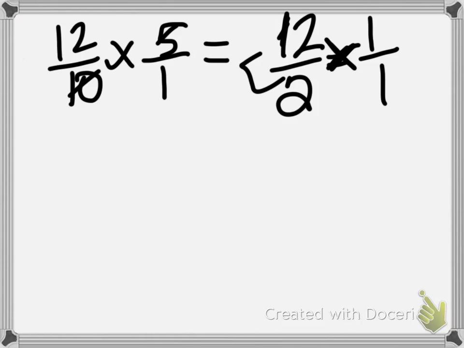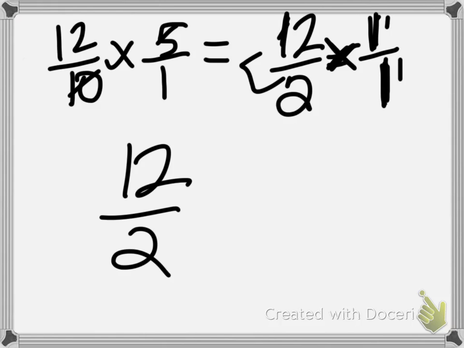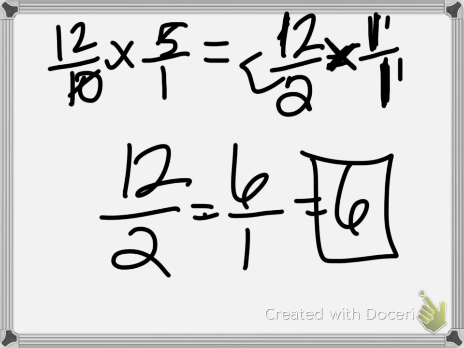And you could either simplify before you multiply, since these are both 1s right here. I could just say that I've got 12 halves and simplify that to 6 over 1, which does give me 6. In other cases where I don't have 1 over 1, I'm going to want to simplify my 12 halves before I move on. It just gives me a simple answer and it makes it easy.